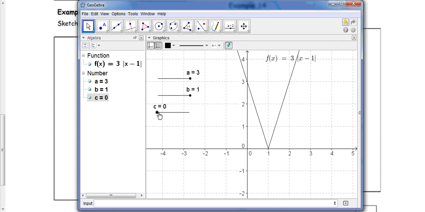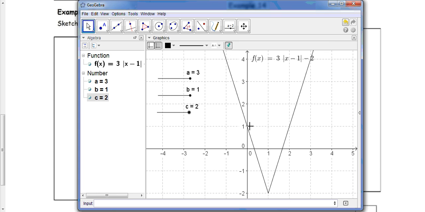Then we move it down by 2. It'll go through 0, 1. And we'd have to work out where it crosses the x-axis, but it would be a third at this point and 5/3 at that point. You can find that by making y equals 0 in the equation and solving.